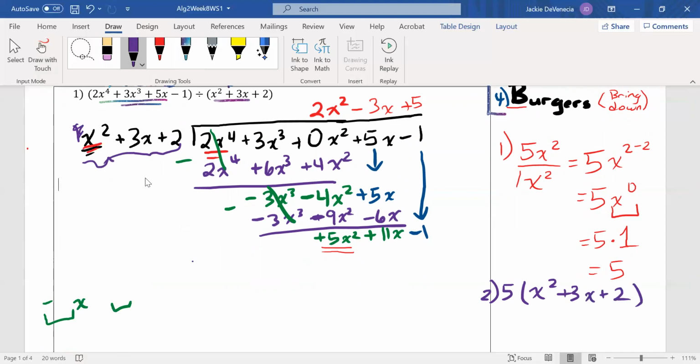And then we're just distributing it. So 5 times x squared is 5x squared. 5 times 3x, that's positive 15x. 5 times 2, that's positive 10. And now we're going to write this underneath.